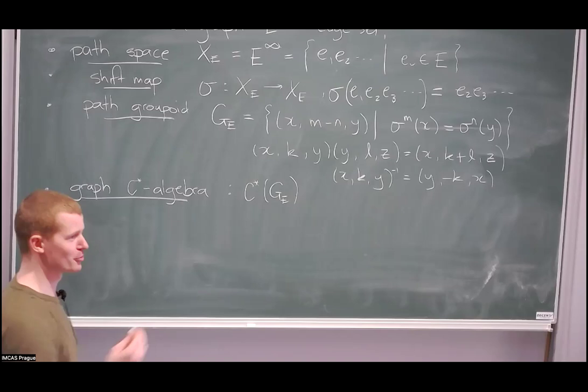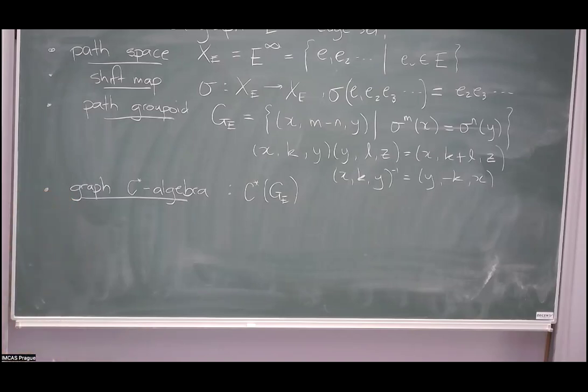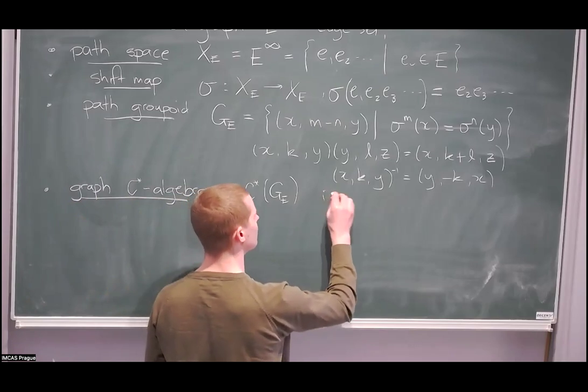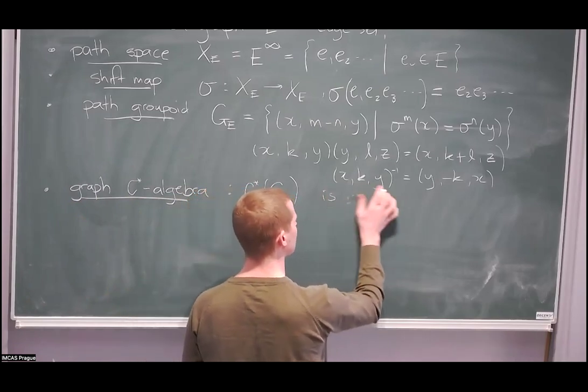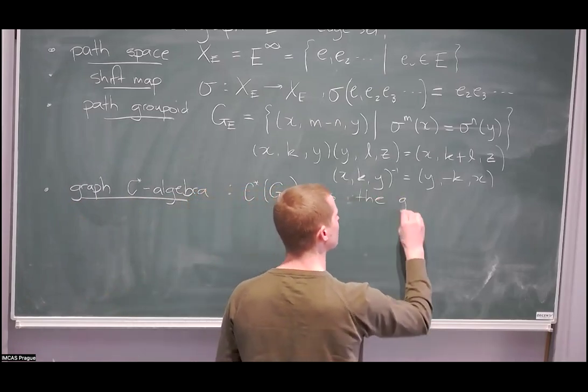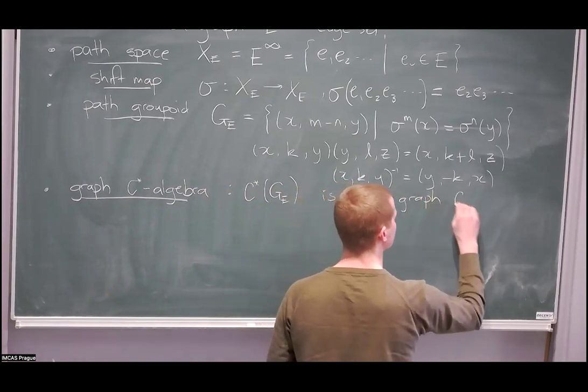And then they show later in the paper that if you do this, then you can also describe the C-star algebra via natural generators and relations. That is the graph C-star algebra.